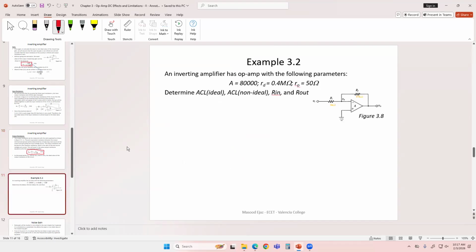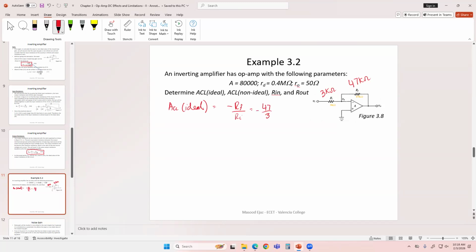Same parameters, and the circuit is now the inverting amplifier. So we solve again for the ideal and non-ideal values, and see that it's going to be very close to the actual values. ACL ideal is negative RF over RI, which will be 47 over 3.